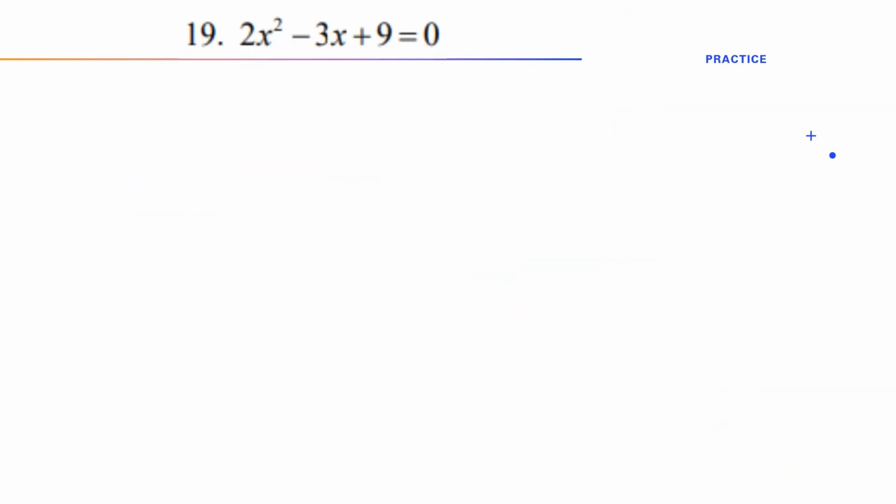Okay, number 19. We were checking first the square root property. Nope. Second, the zero factor theorem. So A equals 2, B is negative 3, C is 9.